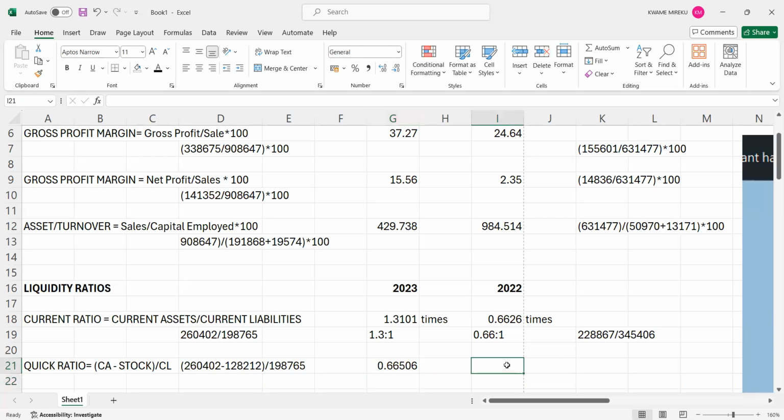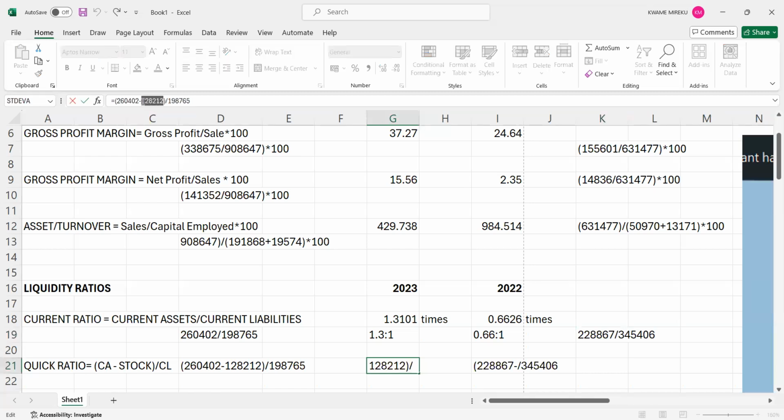Then we do the same for 2022. What was the stock figure for 2022? So try from the current assets. Yes, the 2023 is 101,301, and then the 2022 is the 128,212.